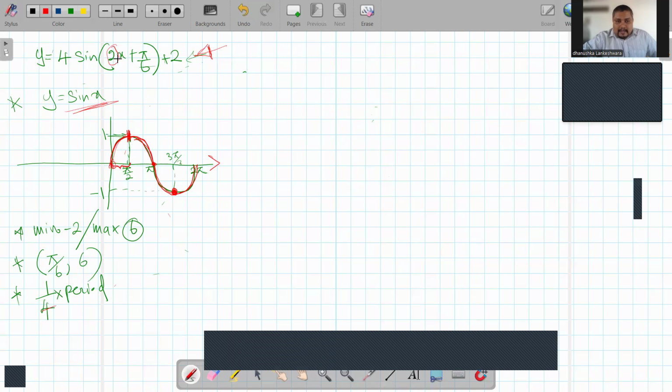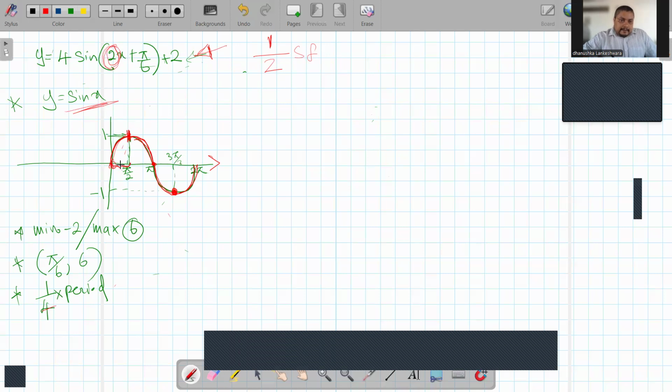I told you, this is the one which gives horizontal stretch, right? If it is 2 here, horizontal stretch will be done by the reciprocal of that, which means half of that. So scale factor is half, which means it's going to be compressed.